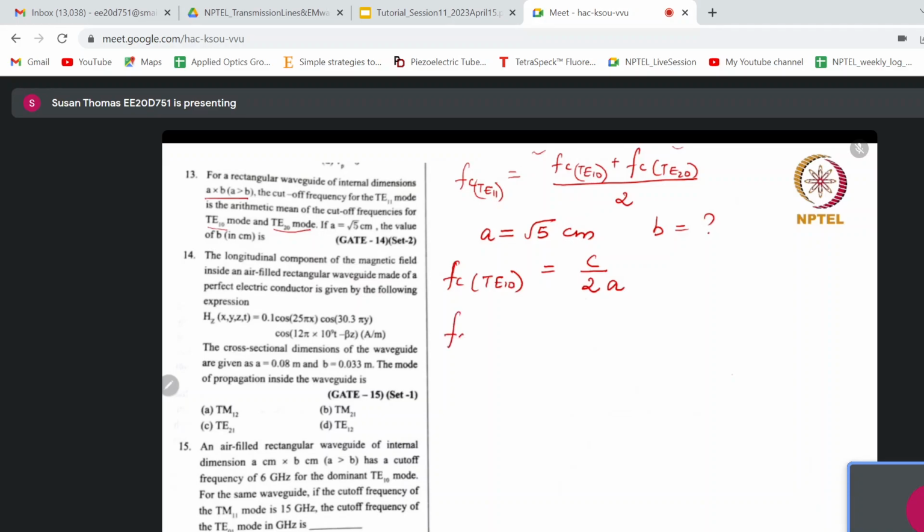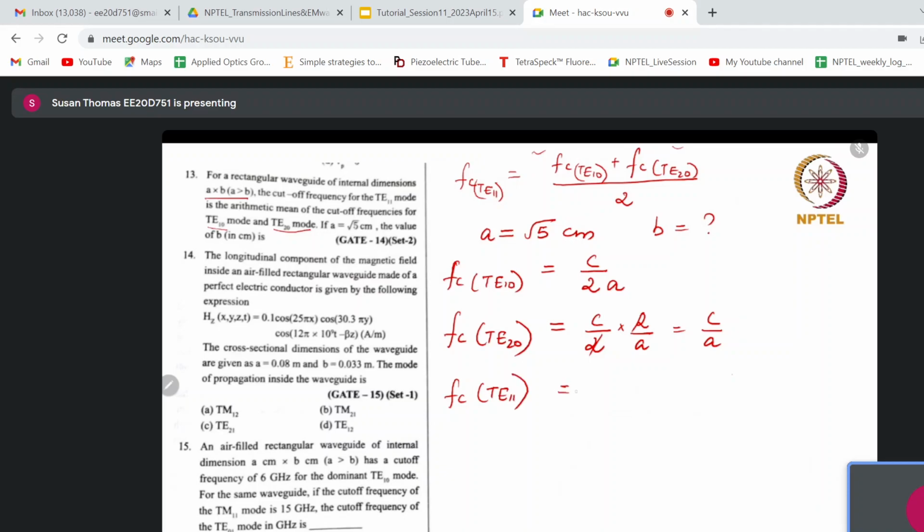How about TE20 mode? In case of 20 mode, C by 2 into 2 by A will come, so the 2 and 2 get cancelled, and it becomes C by A. Now take the mean of these two, and you will get the cutoff frequency for TE11 mode.